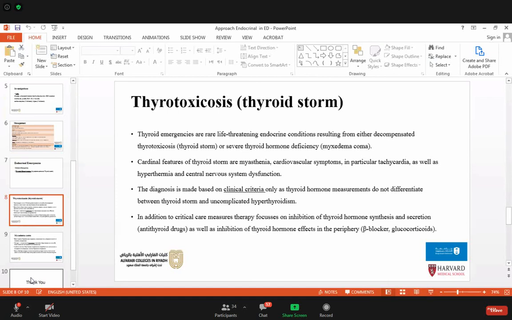With hyperkalemia, we give calcium gluconate or calcium chloride to protect the heart from the arrhythmias, then we start treating the hyperkalemia. Here it's the same: we give the beta blocker to protect the heart, then we start treating the thyrotoxicosis. So you give a beta blocker and steroids to stop the effect of the thyroid hormone. Corticosteroids also help with that. Then you start inhibiting the production and secretion of the thyroid hormone by giving anti-thyroid medications. Okay.